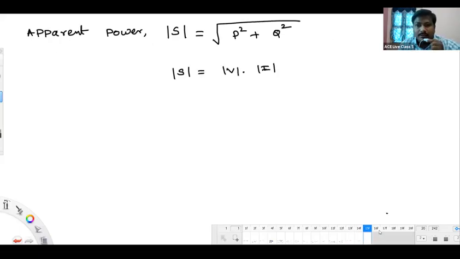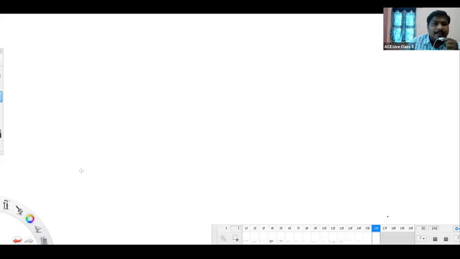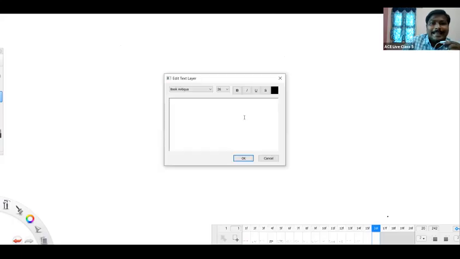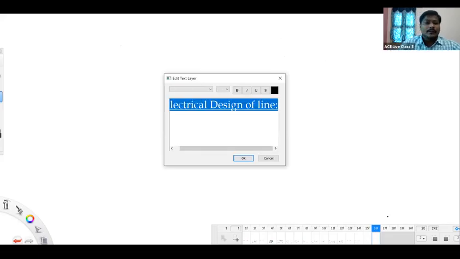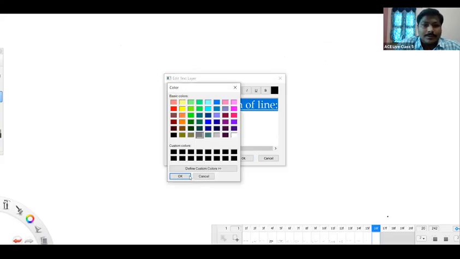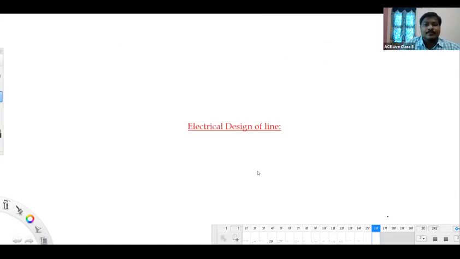So from this point onwards, we continue with the topic of electrical design of the transmission line.